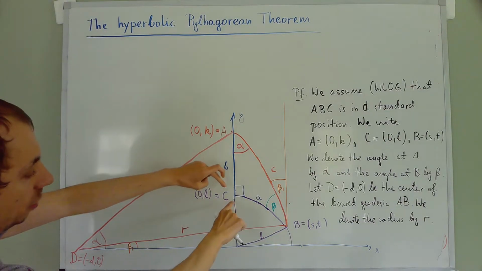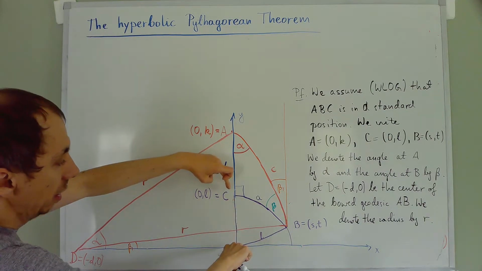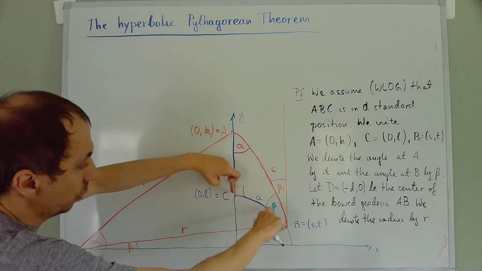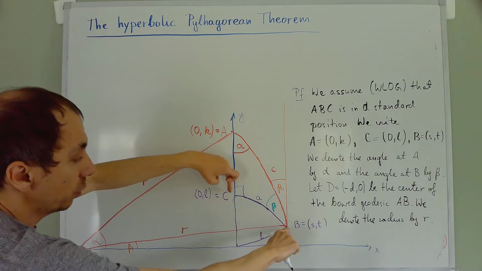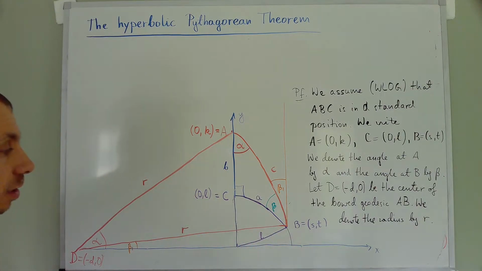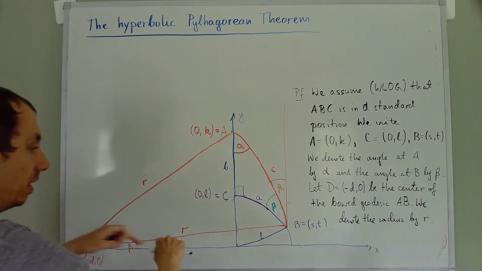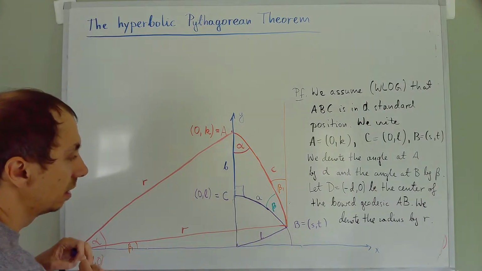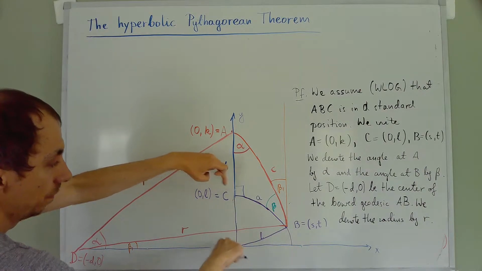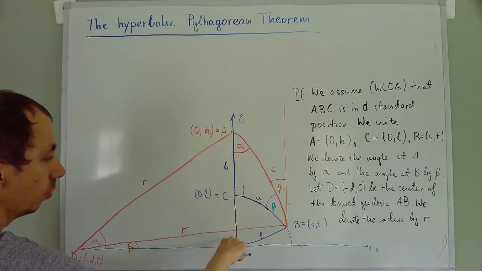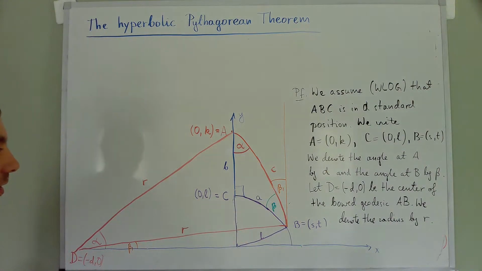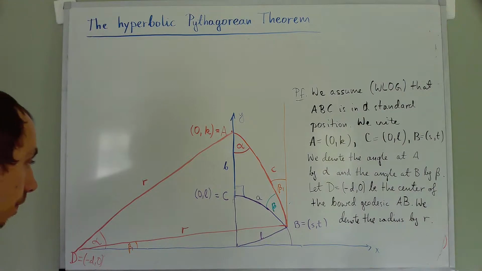But I want to note that the geodesic that goes through points B and C is an arc of a circle whose center must lie somewhere on the x-axis, and its center will be below the point C.